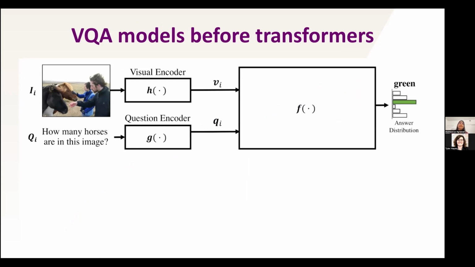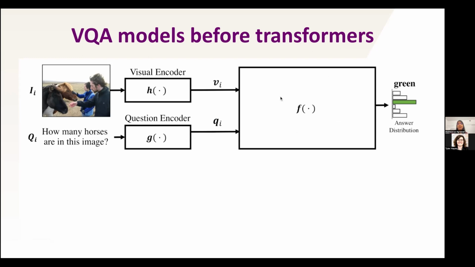Given an image and a question such as how many horses are in the image, we would extract visual features usually using a pre-trained visual encoder like a ResNet or some sort of pre-trained CNN. And the question features would be extracted using a learned question encoder, like an LSTM model, which we would learn along with the VQA loss function here.